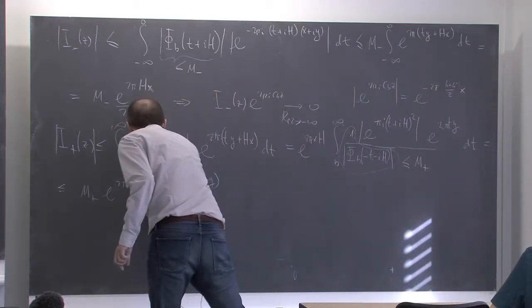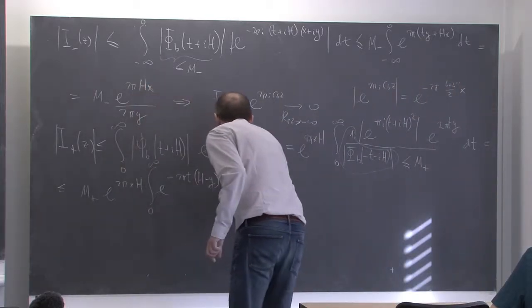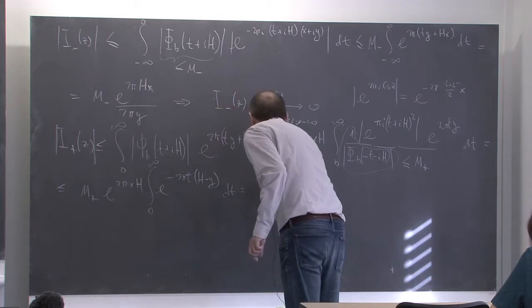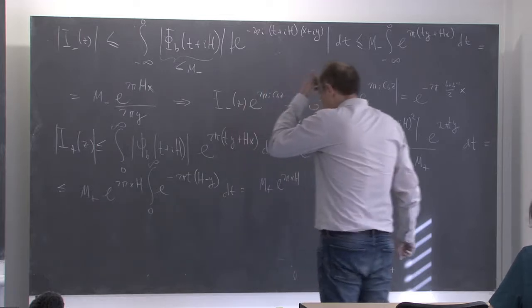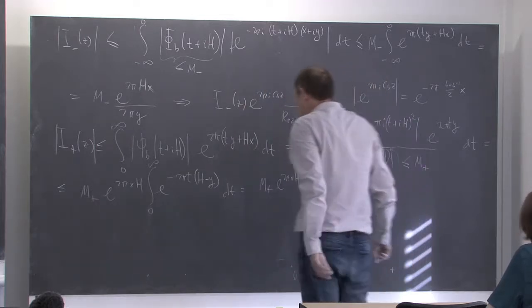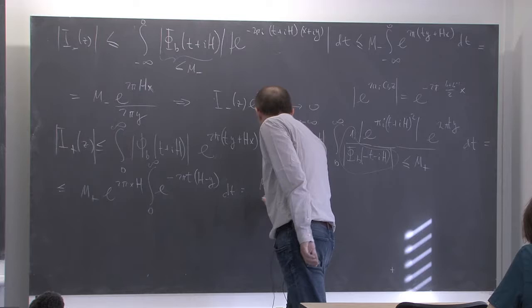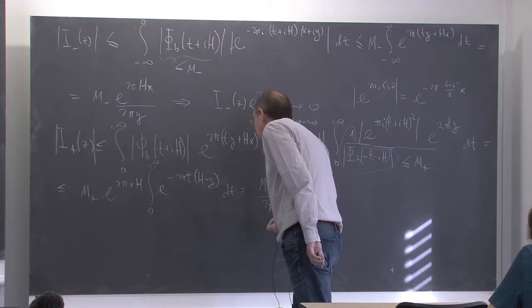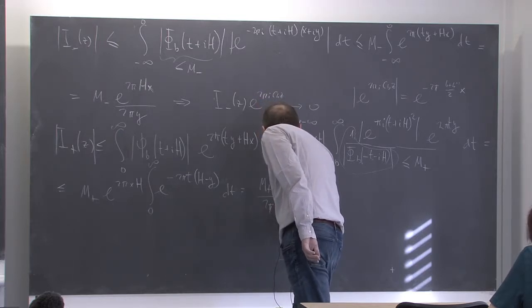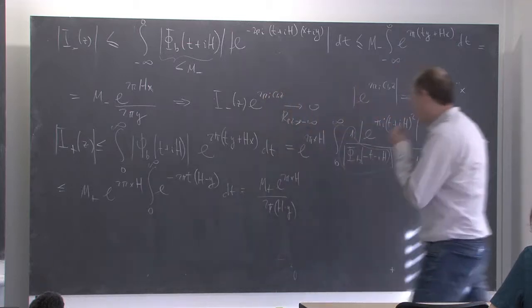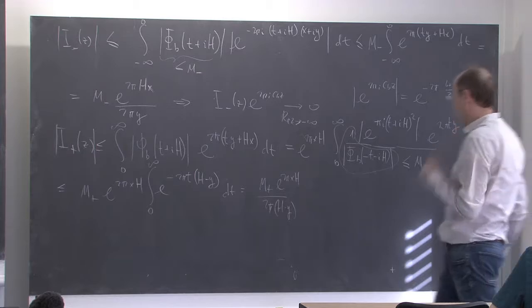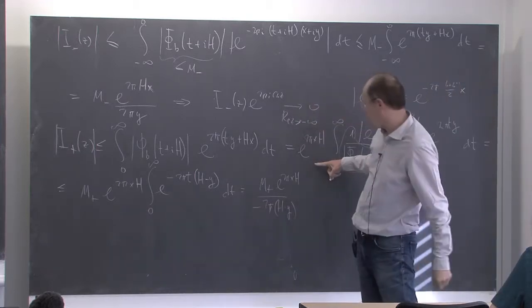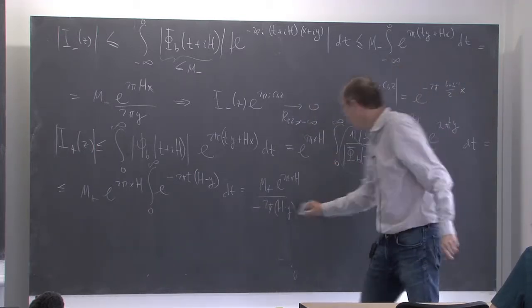So the integral from 0 to infinity dt. So this is m plus e^(2πixh), we divide by 2π(h - y) with minus, but at plus infinity 0, at 0 it is minus 1.